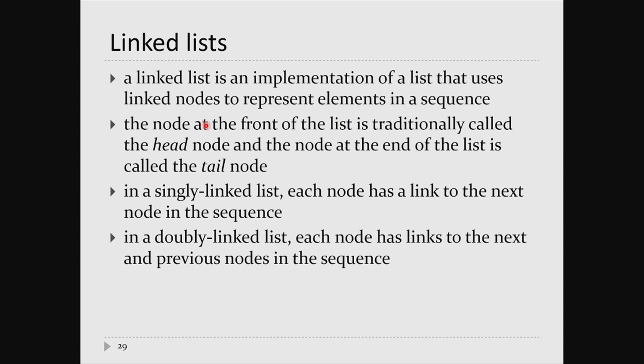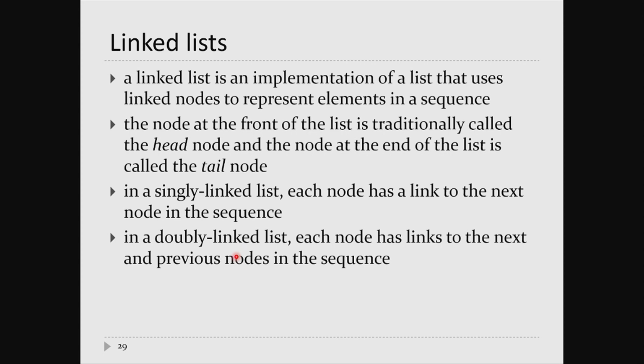In a list, the node at the front is given the name the head node. The node at the back is given the name the tail node. So the head of the list and the tail of the list. In a singly linked list, each node has a link to the next node in the sequence. That's how we implemented stack and queue.